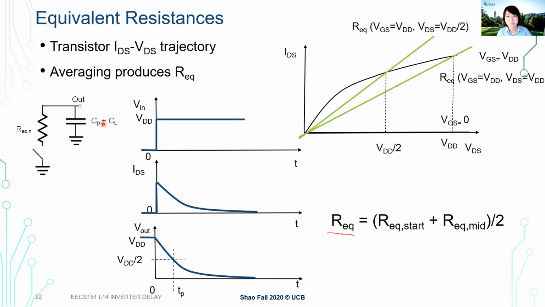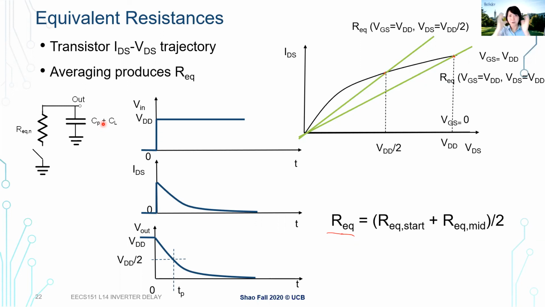Earlier, we talked about NMOS and PMOS. So here, as a very rough approximation, we say we start from here and go halfway to VDD, and then we just take the average resistance, which happens to be a fairly close approximation for the equivalent resistance of our circuit.